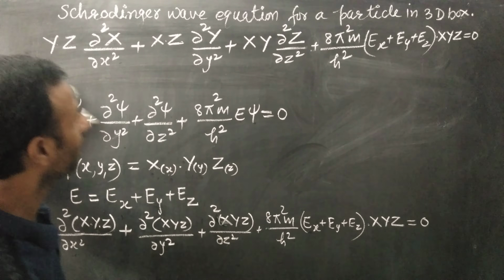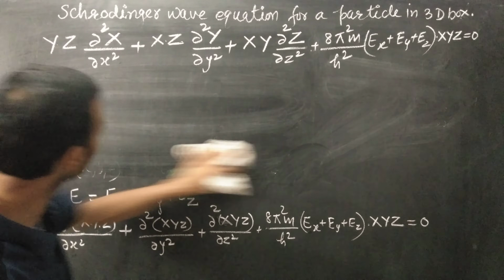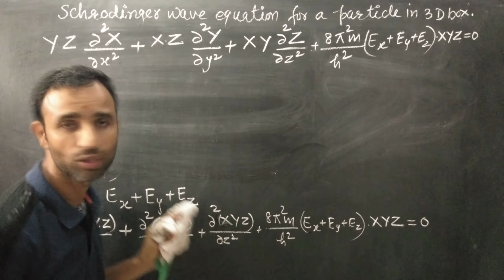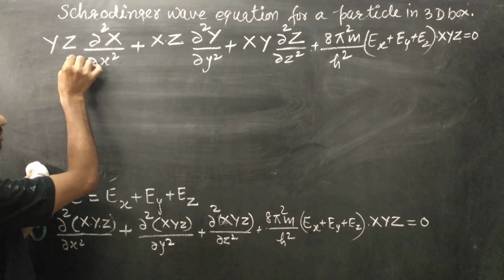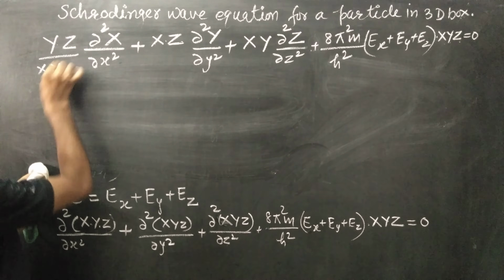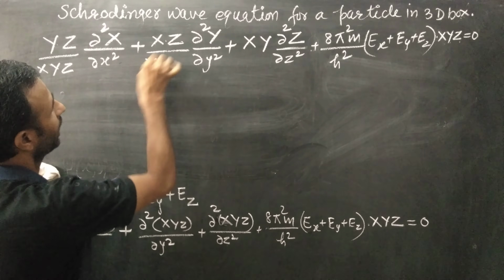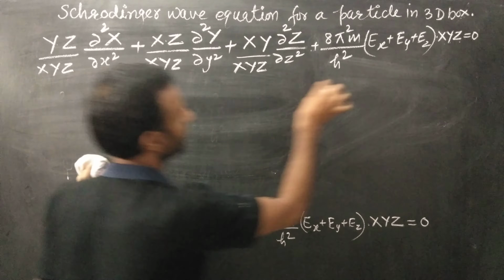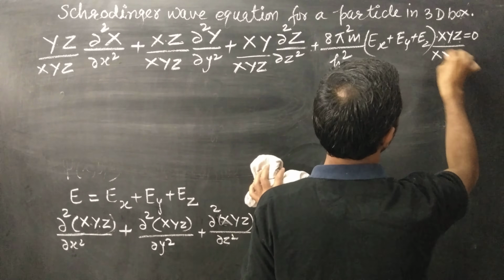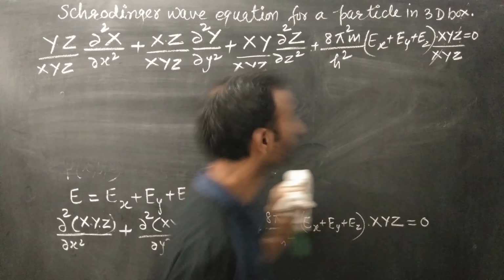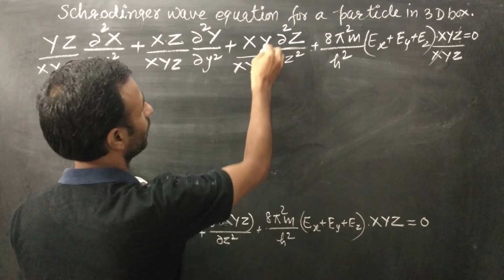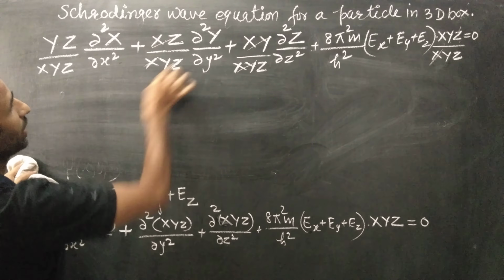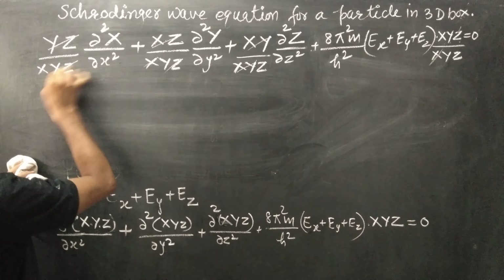Right? Now divide the whole equation by X into Y into Z. So if we divide it by X Y Z, they are cancelled. Here X, Y are cancelled. Here X and Z cancel. Y and Z cancel.